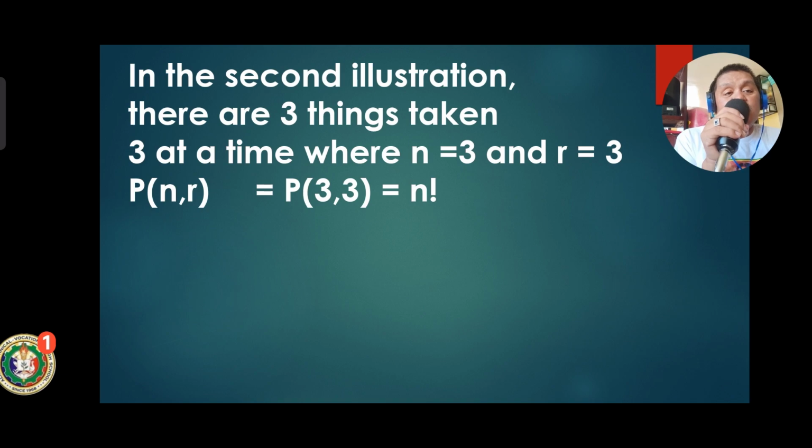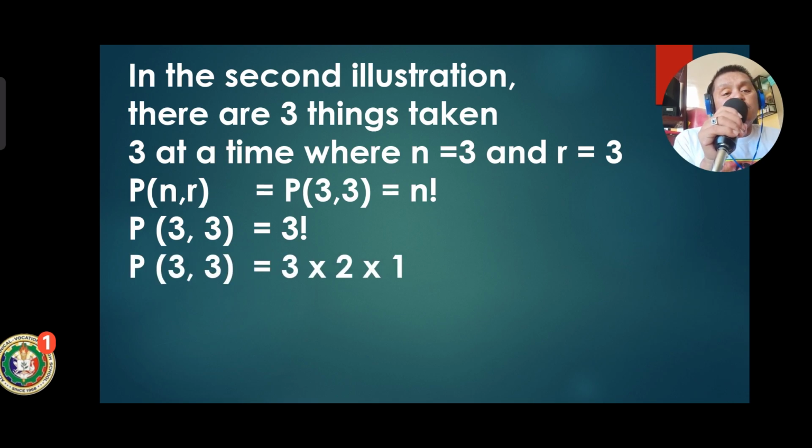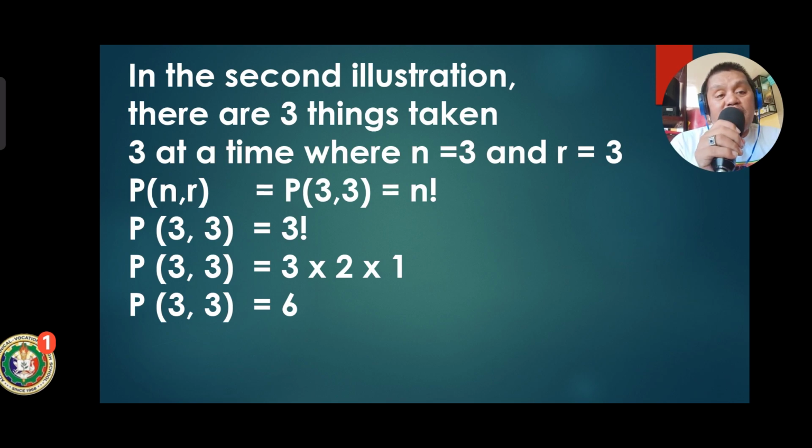Therefore, this is equal to n factorial. So n factorial is equal to 3 factorial using the factorial notation. 3 factorial is equal to 3 times 2 times 1. Therefore, the permutation of 3 letters taken 3 letters at a time is equal to 6.